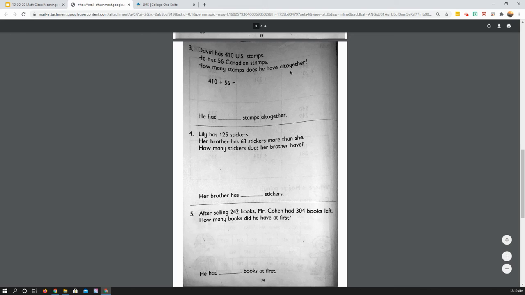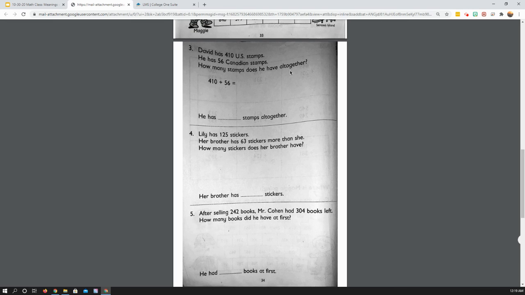Remember, the word altogether means that you're going to add everything up. So you're adding 410 plus 56. And you have the numbers here horizontally. What are you going to do? You're going to put the numbers vertically and then add them. And when you add them, you're going to have your answer and you're going to write it right here. And you're going to do exactly the same thing for number 4 and number 5.